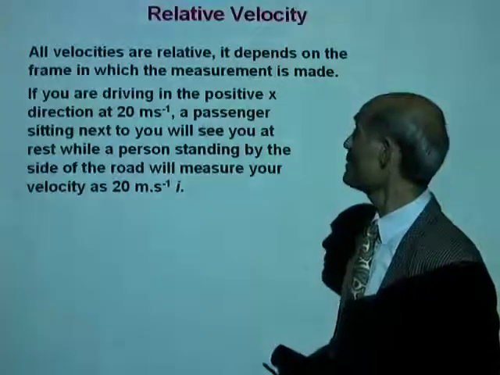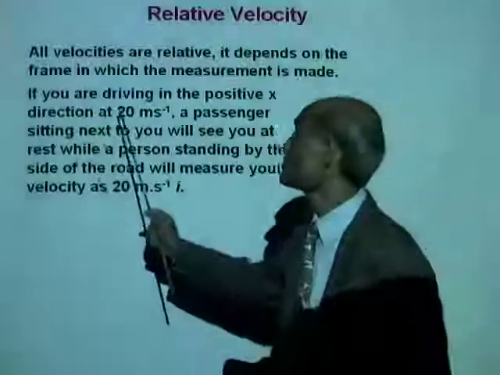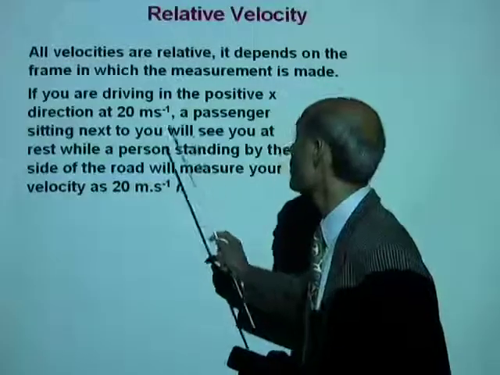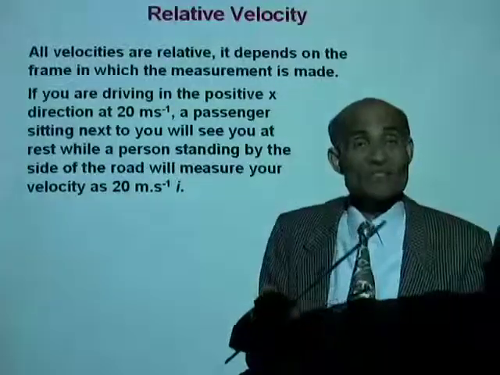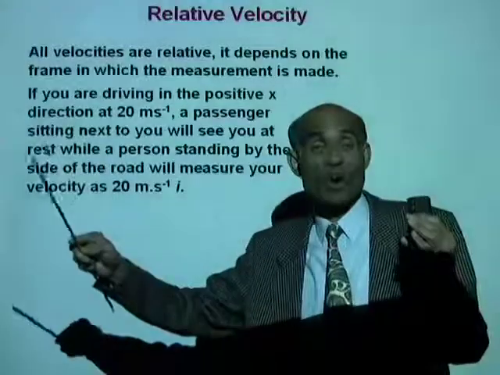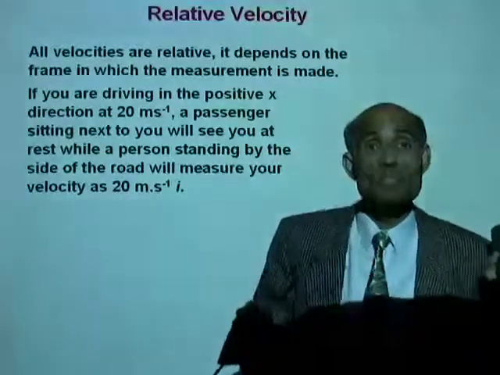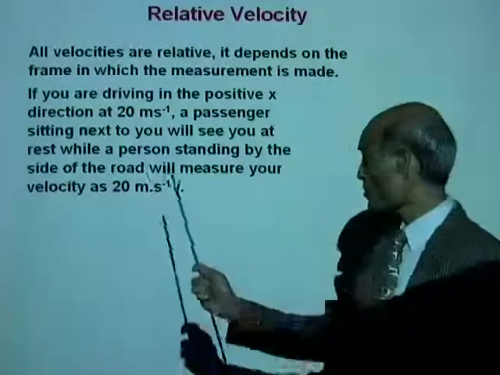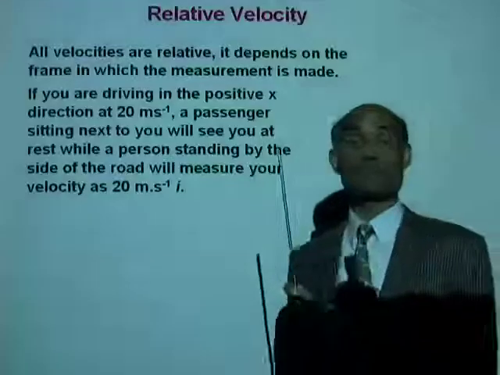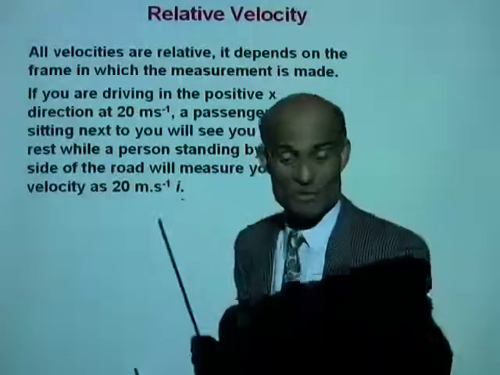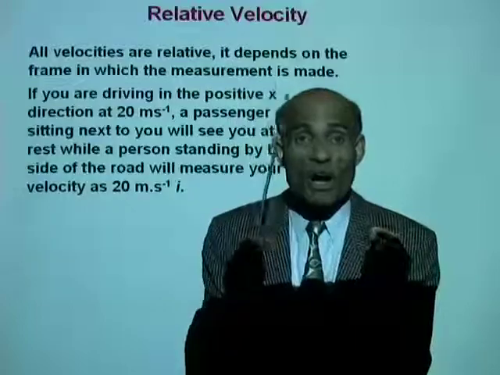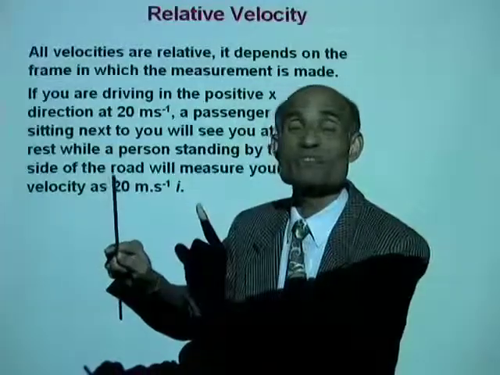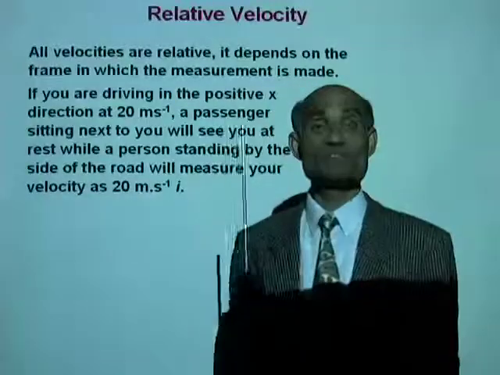If you are driving in the positive x direction at 20 meters per second, a passenger sitting next to you will see you at rest, while a person standing on the roadside will measure your velocity as 20 meters per second, because you're going in the positive x direction. Is that right? So you are in the car moving due east towards the positive x direction with a velocity of 20 meters per second.